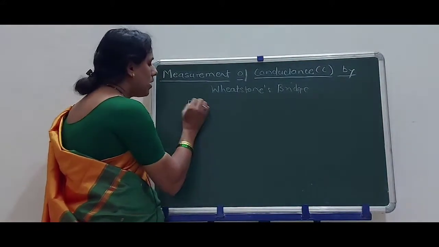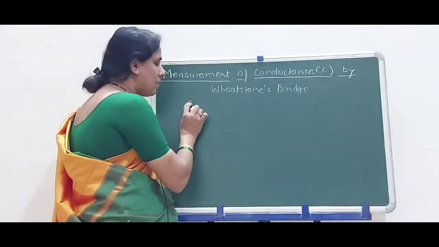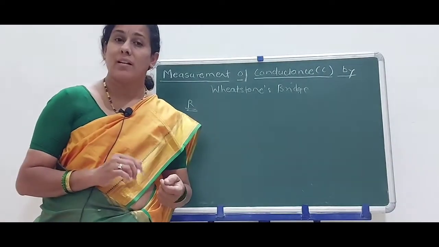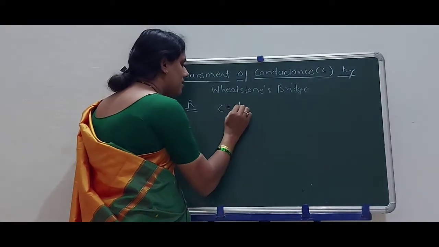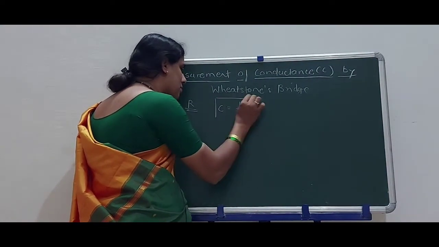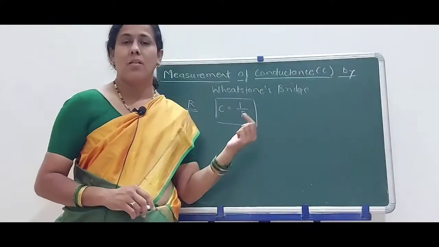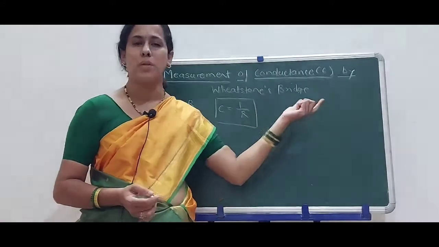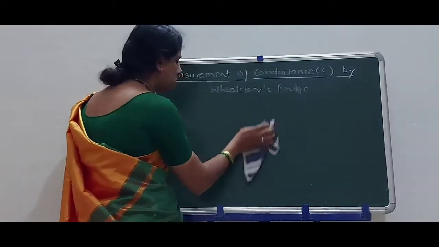Conductance is defined as the reciprocal of resistance. We already know this quantity, and we use it with the principle behind the Wheatstone's bridge method. Now, what is the principle behind this method?